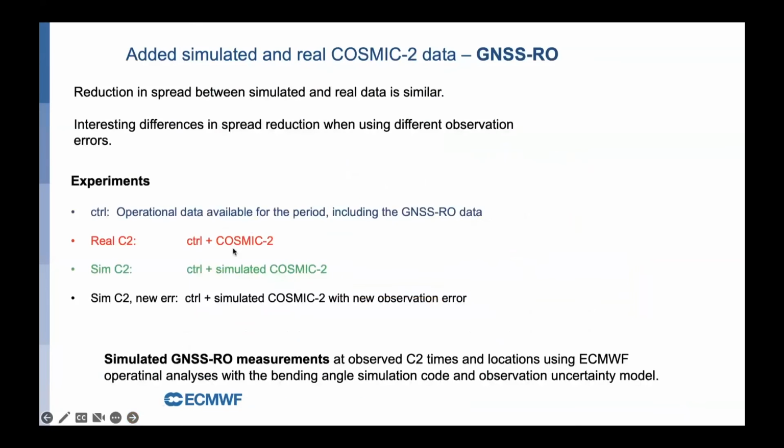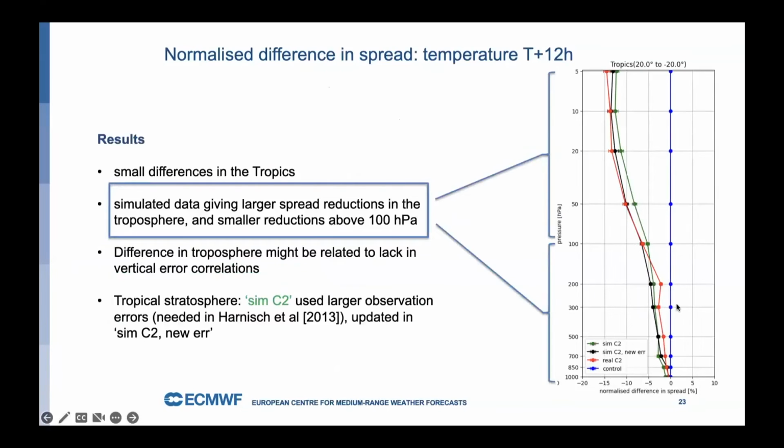For GNSS-RO, I've run 2 experiments adding simulated Cosmic 2 data here in green and in black, and compared the EDA spread to the EDA experiment with real Cosmic 2 data. And this is the plot, which again is for the tropics, because Cosmic 2 only gives observations between roughly 44 degrees north and south, so I concentrate on the tropics.